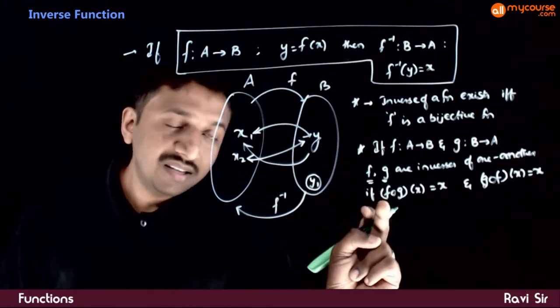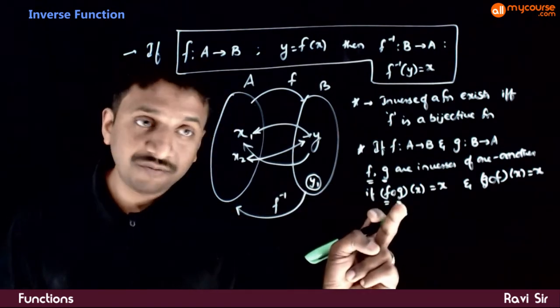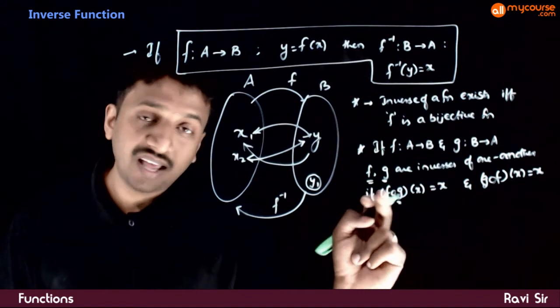So we know that if you take FOG, g is first and f is next.